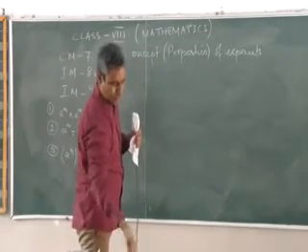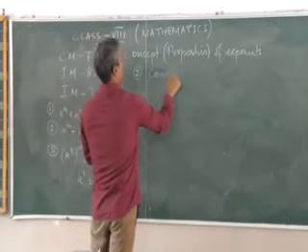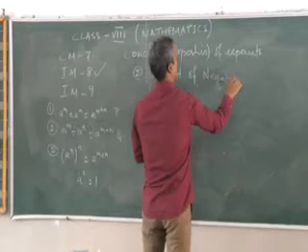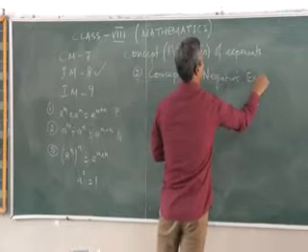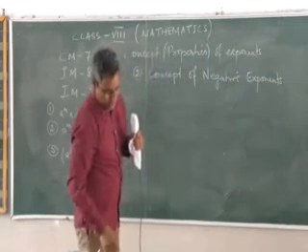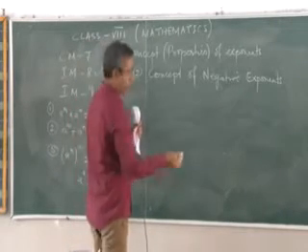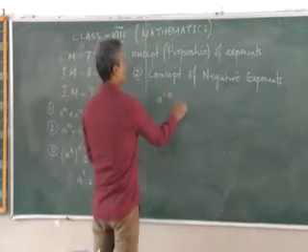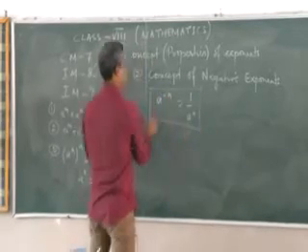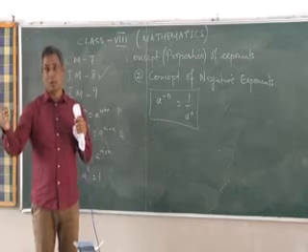The second concept is the concept of negative exponents. It's a property from, we can say directly here, a to the power of minus n can be taken as a reciprocal, 1 by a to the power of n.